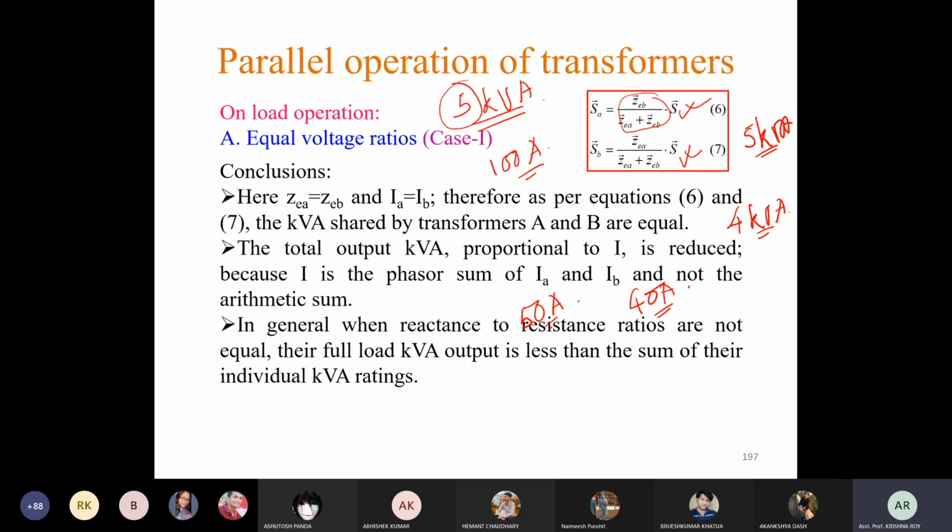Suppose individual kVA ratings are 2.5 and 2.5 each, so total kVA capacity is 5 kVA, but due to this unequal reactance to resistance ratio, we will be able to use only a part of this 5 kVA, suppose 4 kVA. So that is one kind of loss.